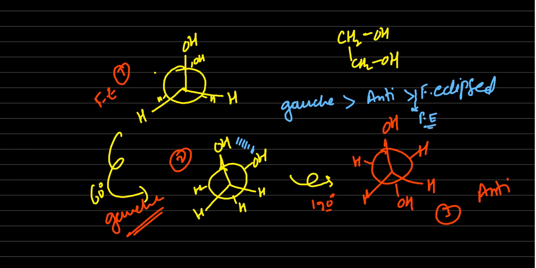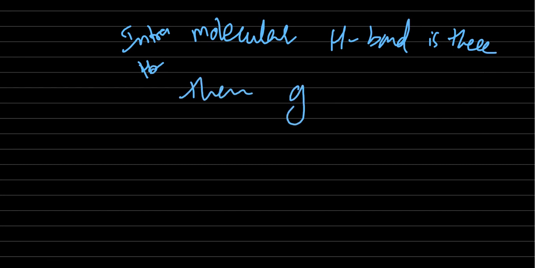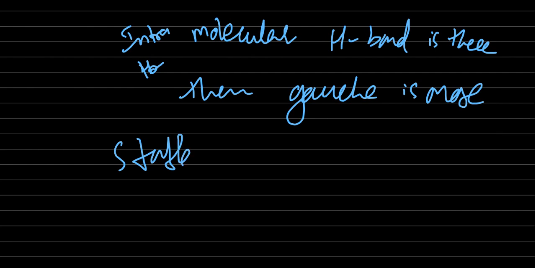Okay. Next. So here the note point is, whenever intramolecular hydrogen bond is there, then gauche is more stable than anti.